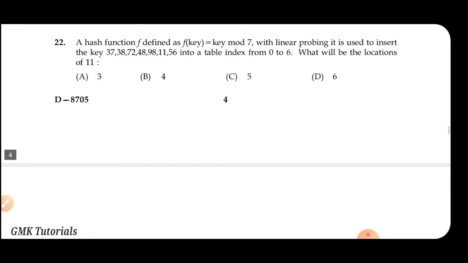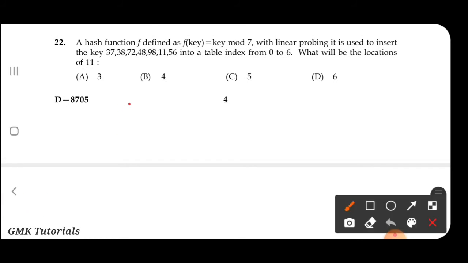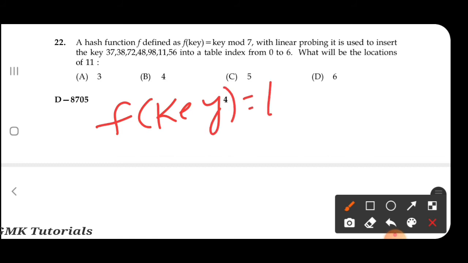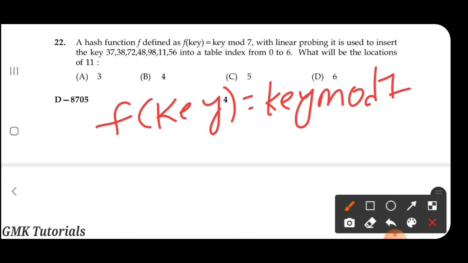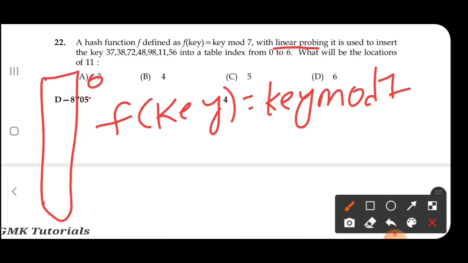First we have to write the function f of key, the hash function key mod 7, and we follow the linear probing method with the given index 0 to 6. So we take 0, 1, 2, 3, 4, 5, 6.